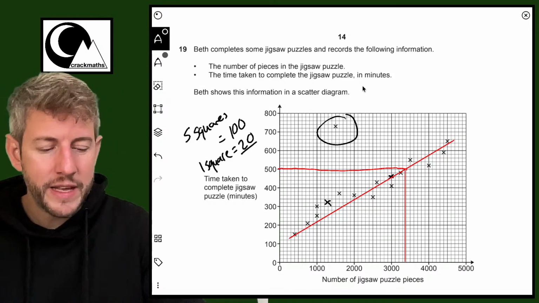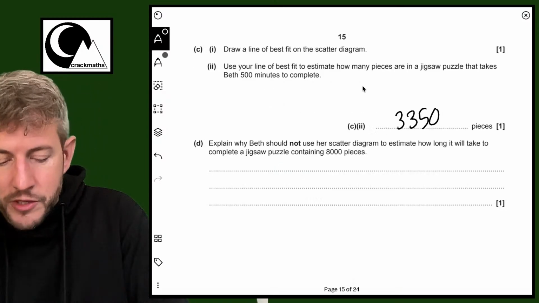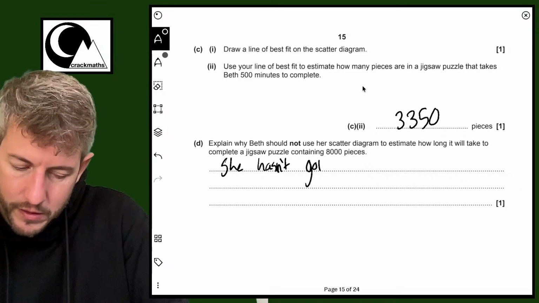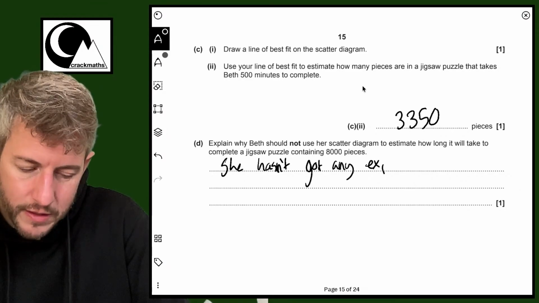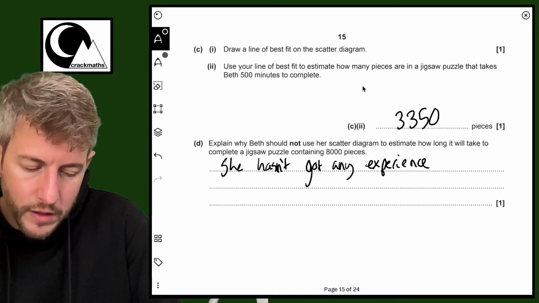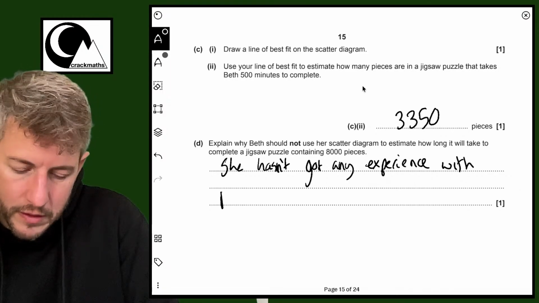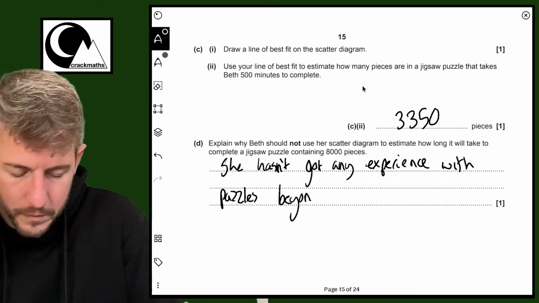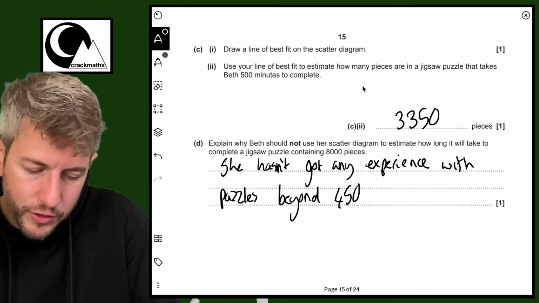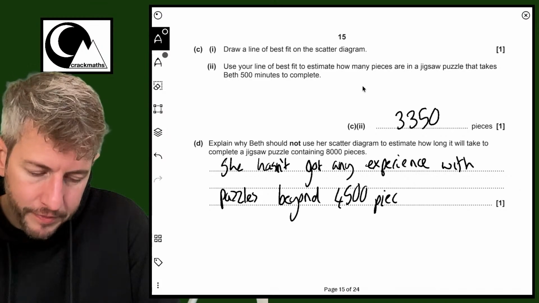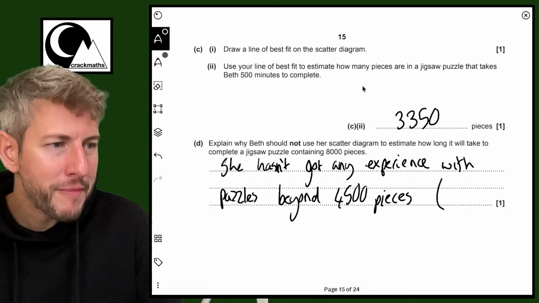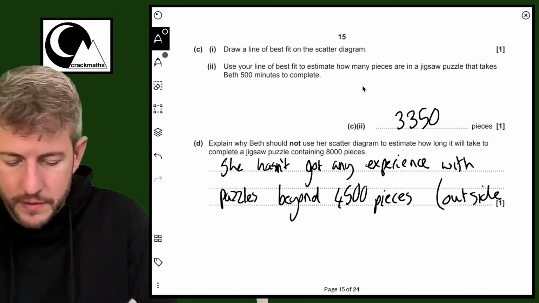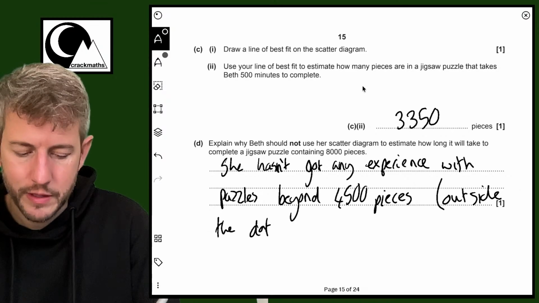But the answer is she hasn't got any experience with puzzles beyond 4,500 pieces. And the mathematical thing that they might want you to say is outside the data range.